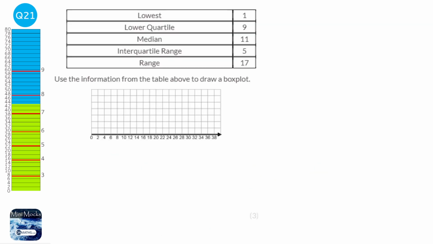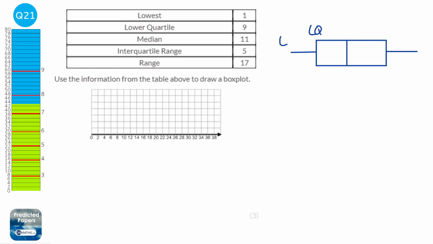A box plot starts with the lowest value. Then it goes to the lower quartile. So we have the lowest value, then the lower quartile, and then we have the median, then the upper quartile, and then the highest value. So lowest value is at 1 on this one, and normally we just put a little kind of line at the end here.